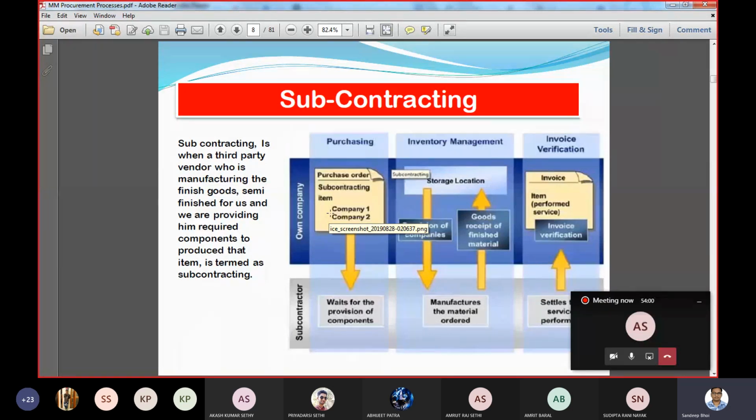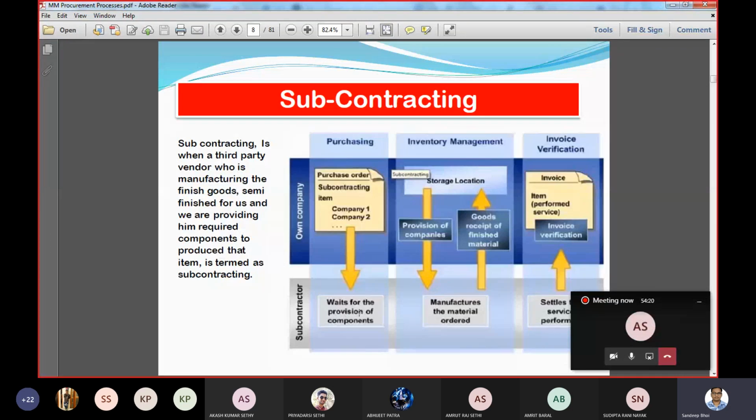What they will do is supply the raw material. Your company will supply the raw material to the subcontractor and ask the subcontractor to manufacture or assemble whatever material you have provided.